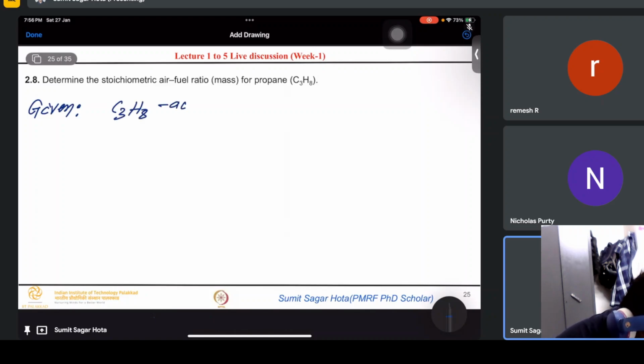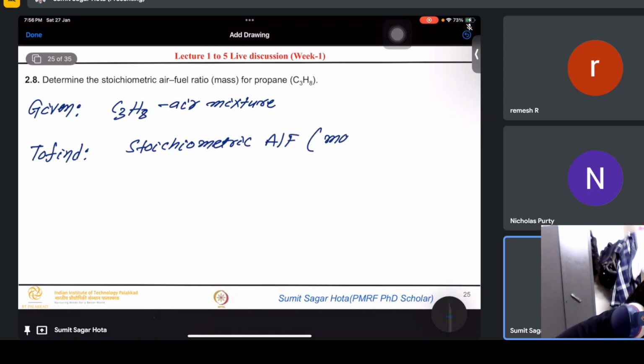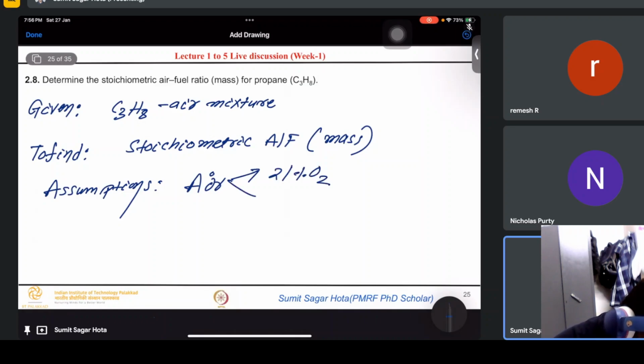Air-fuel ratio on a mass basis. Air contains 21% oxygen and 79% nitrogen.